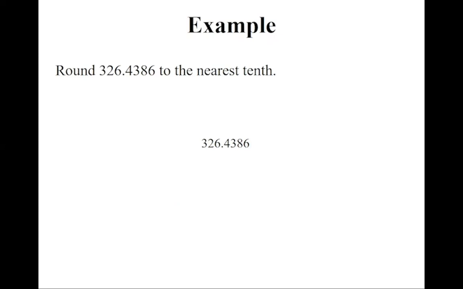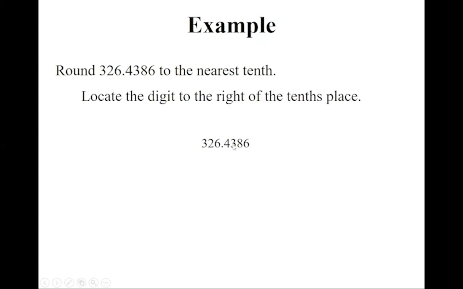326.4386, 326 and 4,386 ten-thousandths. It's given in ten-thousandths, but we want it to the nearest tenth. That means our answer will just be into the tenths place value. So identify the tenths place. That's a 4.